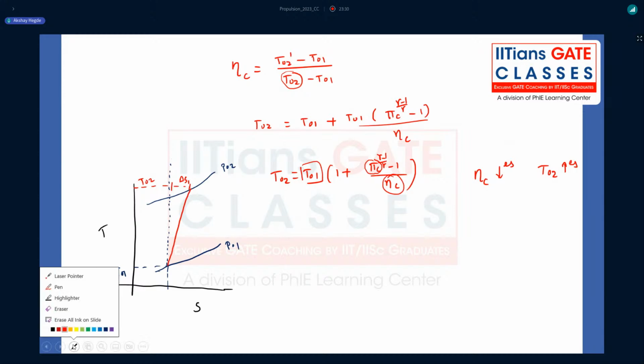How does it look now? If I want to increase it, what happens for the same pressure ratio? I have to reach somewhere over here, right? Because the pressure curves on a TS diagram are diverging, right? So this is my T02 sub B, I will call. This is sub A, and this is sub B. So now what happened?